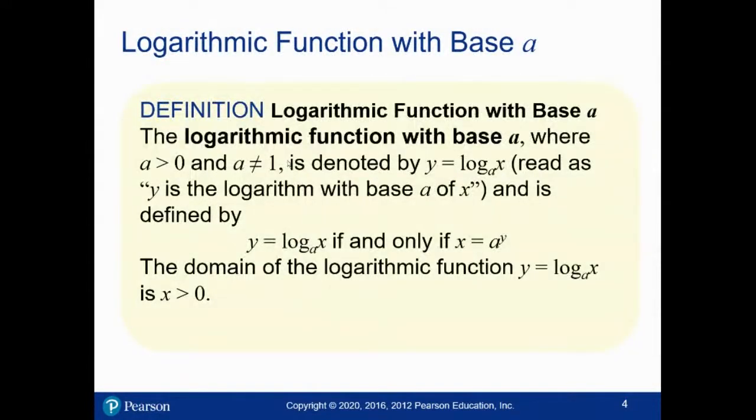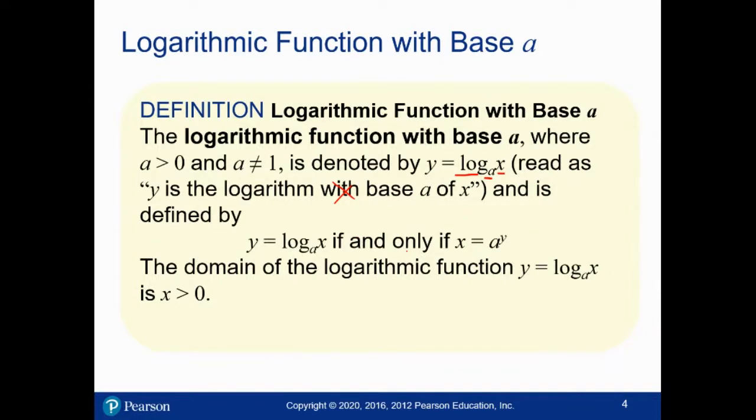So, the way we talk about logarithms is they have a base. So did exponential functions. That base has to be positive and can't be 1, which is the same restriction we put on bases of exponential functions. And we write it as log subscript a x, and you say this, the logarithm with base a of x. Frequently the word with is just omitted in speaking, and you say the logarithm base a of x.